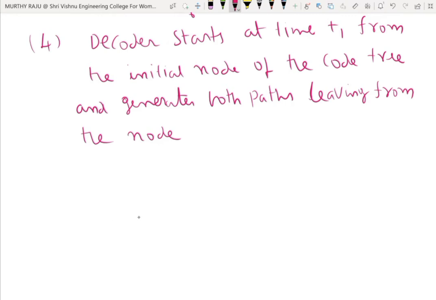Therefore, the decoder starts at time t1 from the initial node of the code tree and generates both paths leaving from the node at time t1. The decoder starts like that. The node is A, or initial state of that convolutional encoder is A. Two paths are developed from this node. This is path 1, this one is path 2.